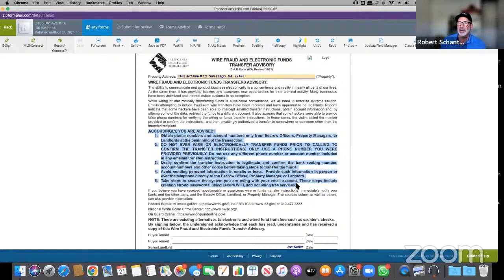Basically, what they're doing is they're mimicking the agent, because they might change an email by maybe one letter. So instead of Joe Agent, they'll use Joe Agent 1 at gmail.com, which is why you should be using your KW email addresses for all of your real estate deals, because there's multi-factor identification already embedded in a KW email address.